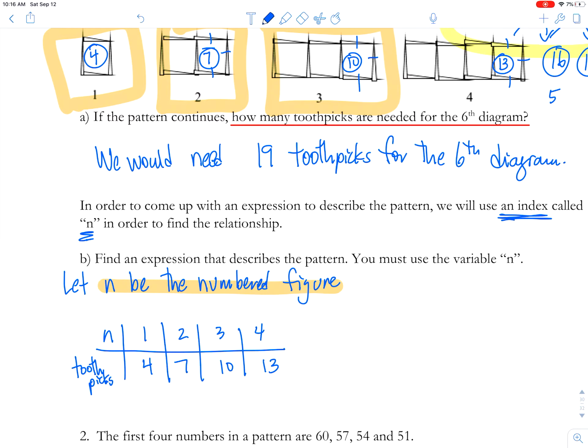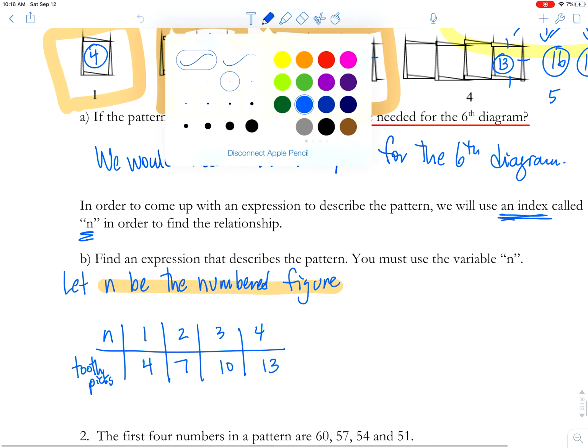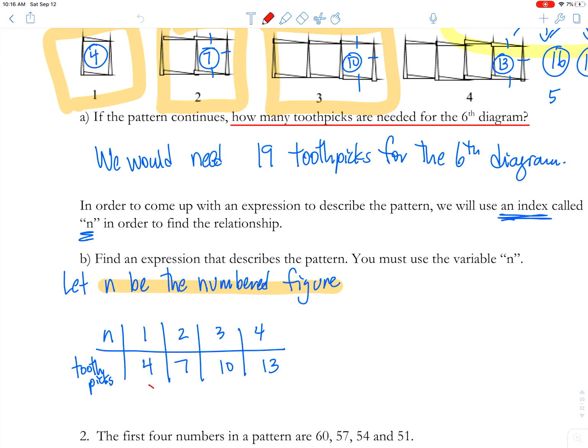I'm going to show you this way because it'll work for everything moving forward. I hate when that happens, sorry. Each time we were going up by 3. So that means each time n increased, our actual value was going up by 3.